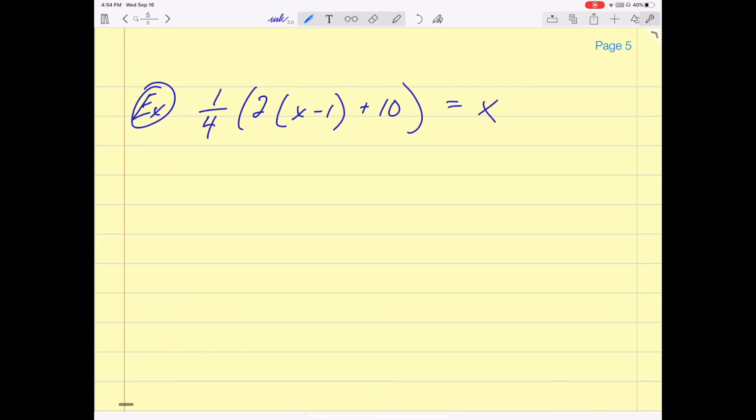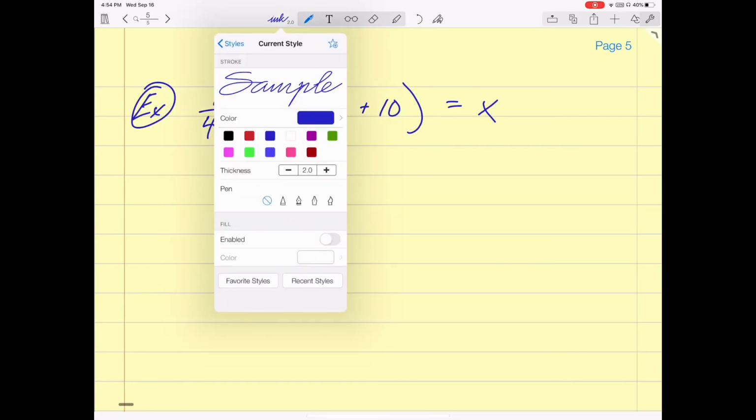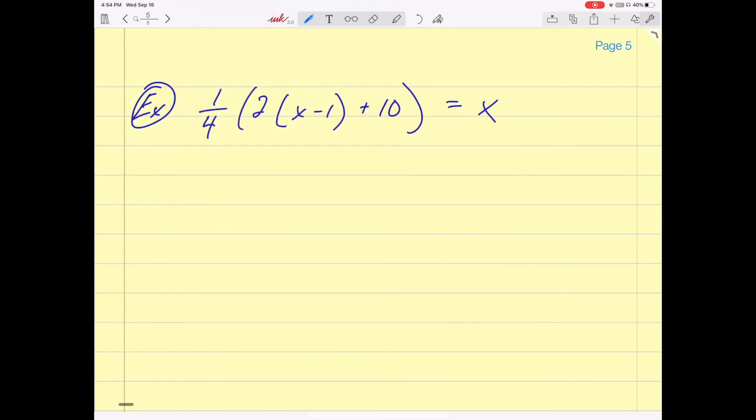So in this one, there's a lot of parentheses, and what you want to do is work from the inside out. So I'm going to work with the most inner part first. So I would take this 2, and I'm going to first distribute that to those 2 terms.